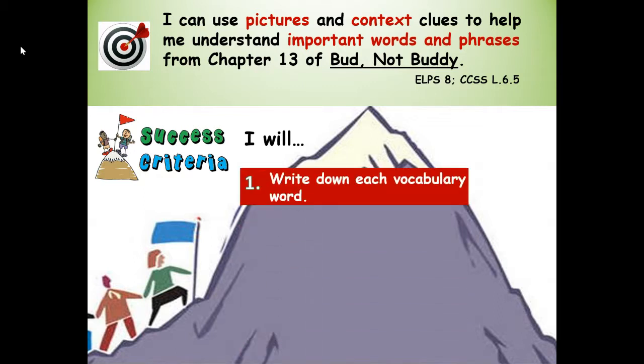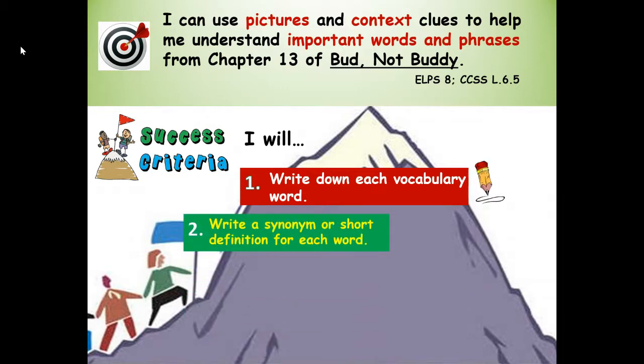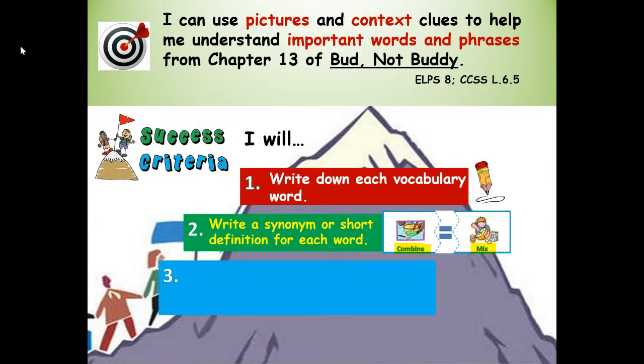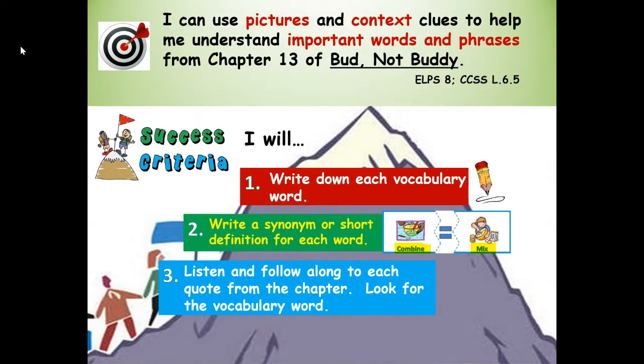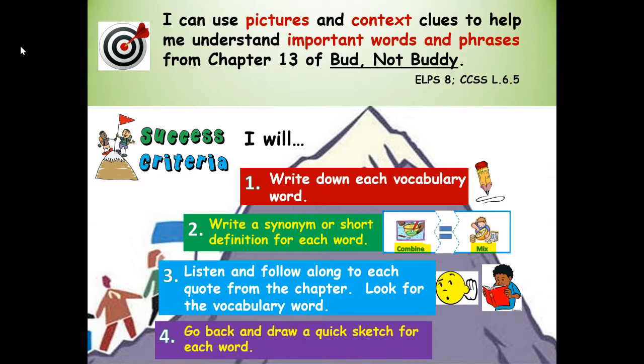Number 1, I will write down each vocabulary word. Number 2, I will write a synonym or short definition for each word. Number 3, I will listen and follow along to each quote from the chapter. Look for the vocabulary word. And then finally, I will go back and draw a quick sketch for each word.